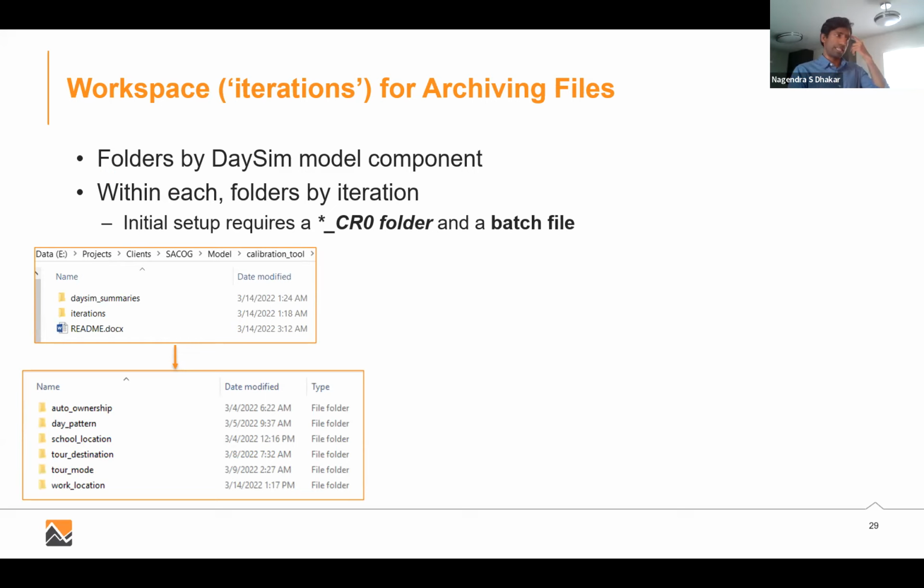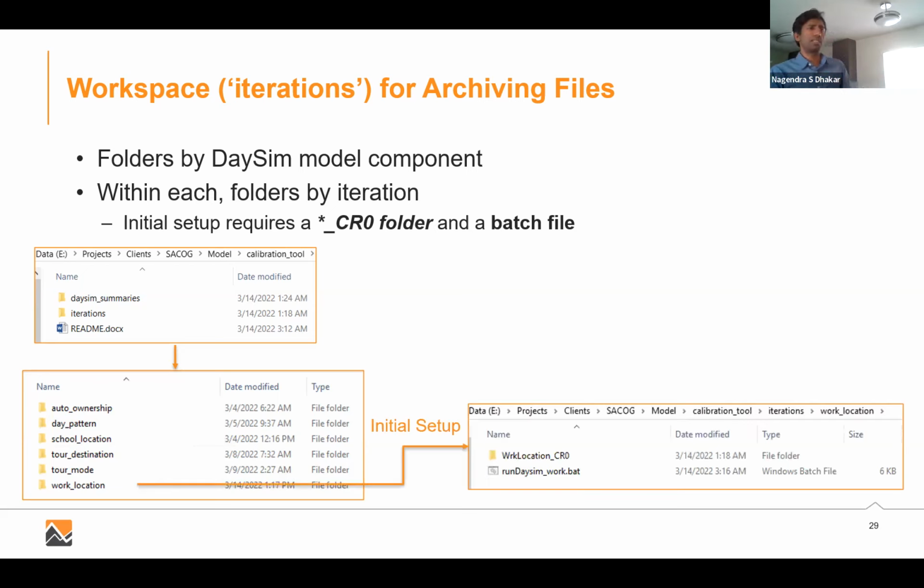I've shown only those 6, but there could be more. If you have to calibrate the time of day choice, you can have a folder for that. That way you can organize your calibration process in a more intuitive way, and it's very easy for you to look at and explore the process later on.